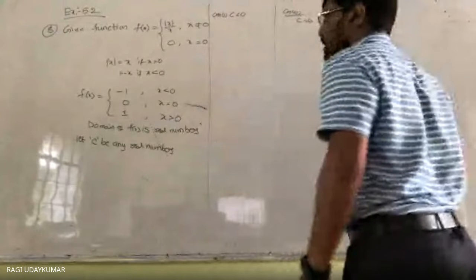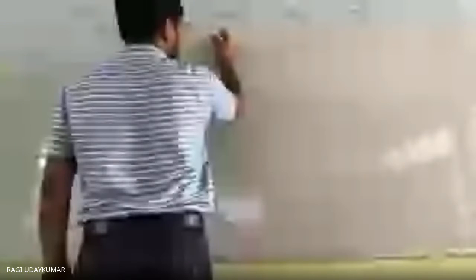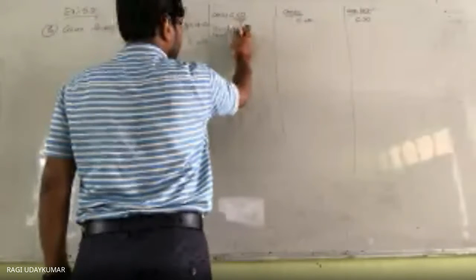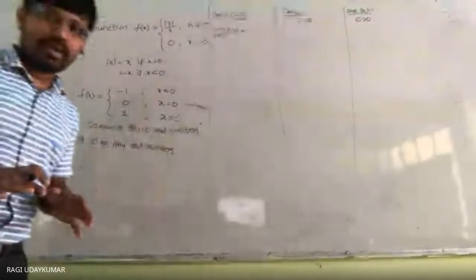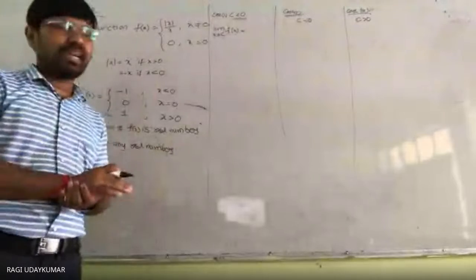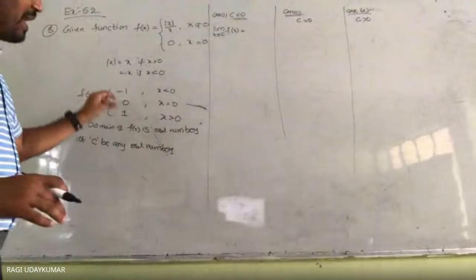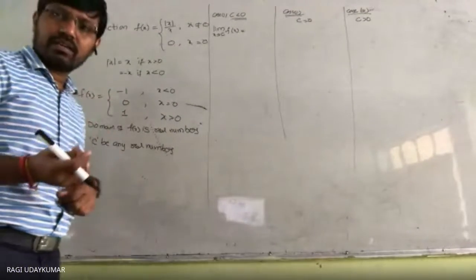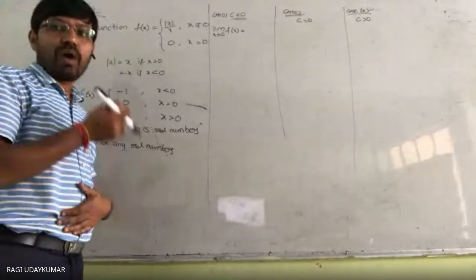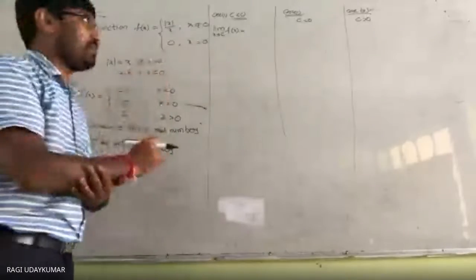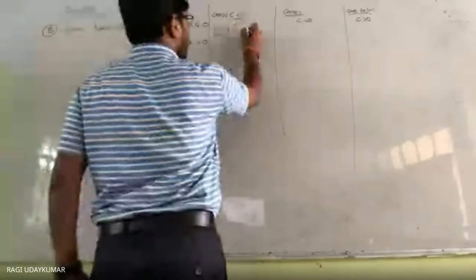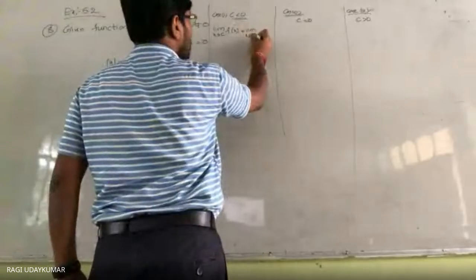c less than 0, whenever you take it, the function becomes clear. So limit x tends to c, f of x is equal to... Here it is not necessary to find the left hand limit and right hand limit, because the function splits at only one place. Where the function is splitting, at that particular point you need to find the left hand limit and right hand limit. So this is equal to limit x tends to c of f of x.